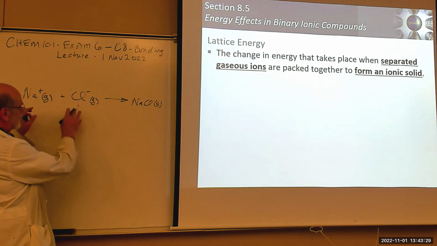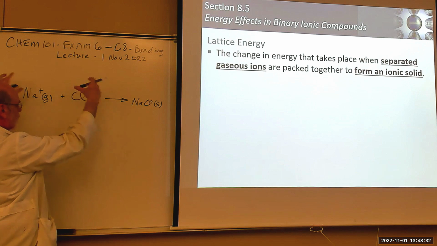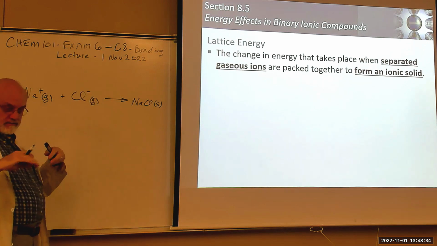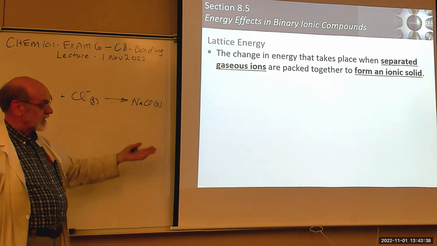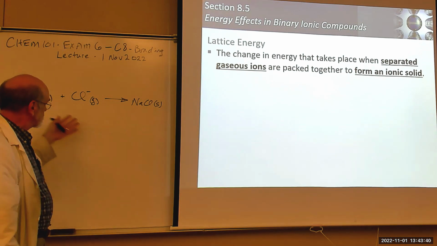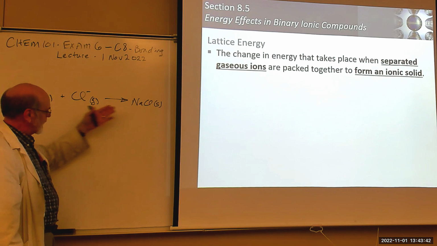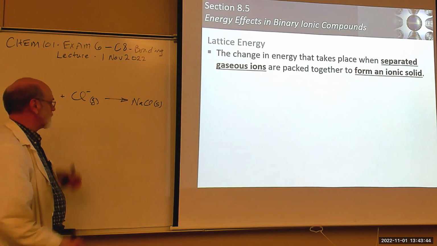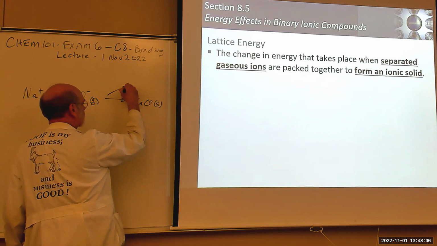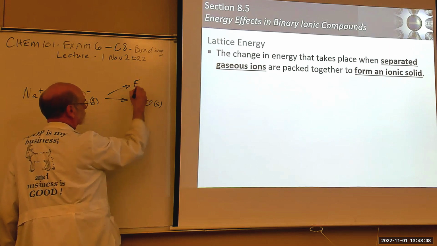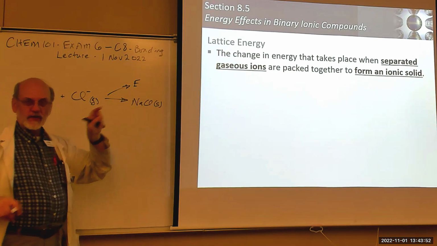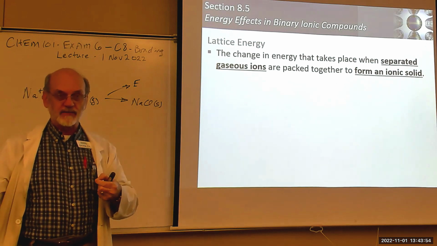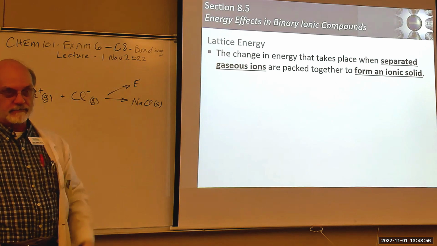Because they're separate now, when they come closer together, by our own assumptions from the beginning, the stability is increased because the energy here is lower than the energy here. So we're giving up energy here to get to that point. This is the lattice energy. So lattice energies are going to have a negative sign because energy is leaving the system.